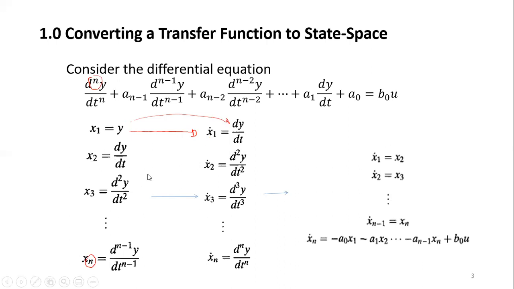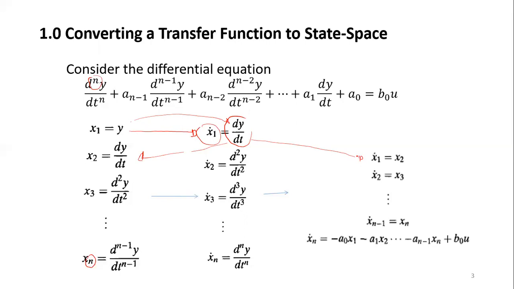Similarly, it goes for x2, x3, and x4. For x1 dot, we can see the relationship: x1 dot equals dy/dt, which for the state variables is actually x2. So that's what happens here.